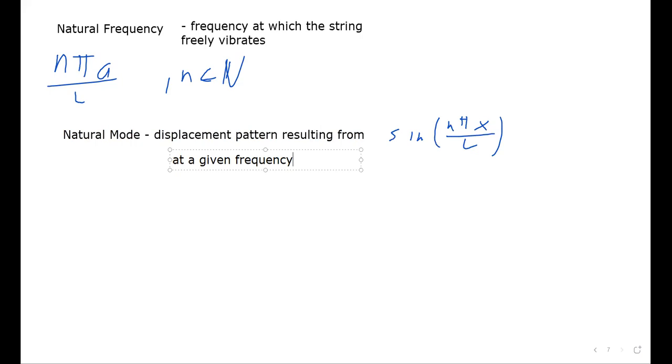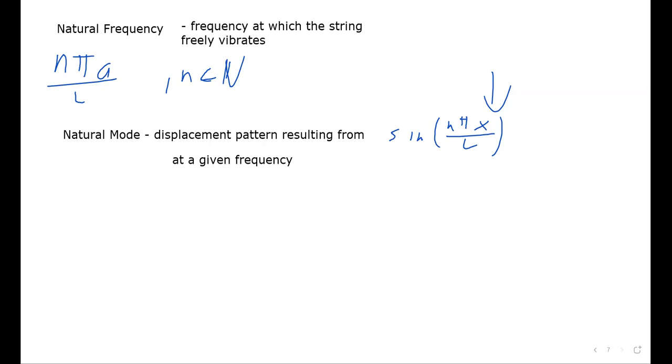And you can see this will be periodic based on our x variable. So it'll be periodic in the space variable x is the way it would be said.